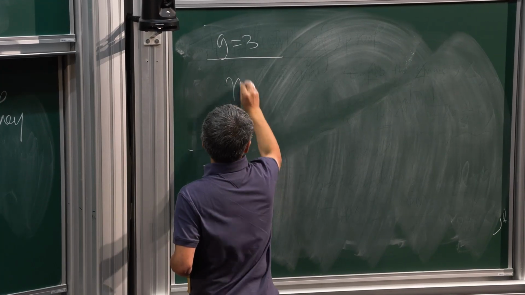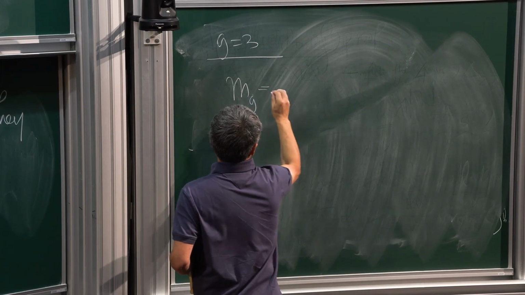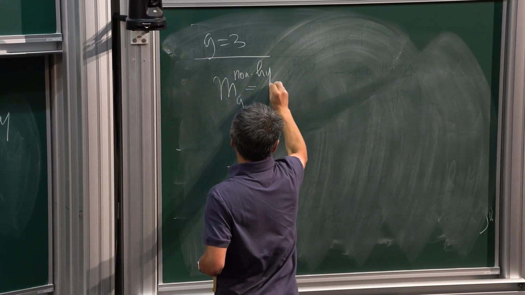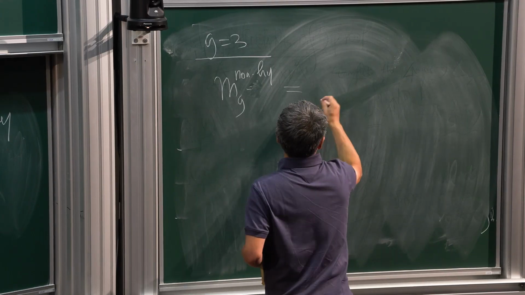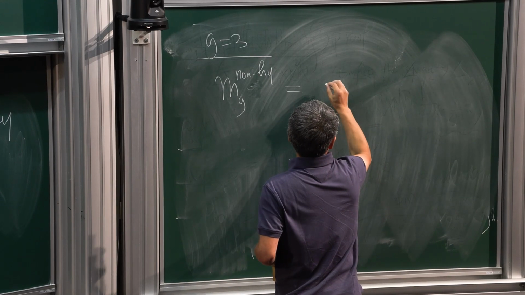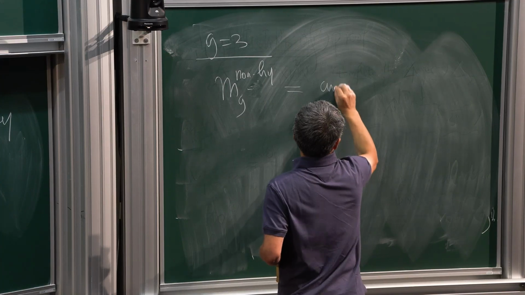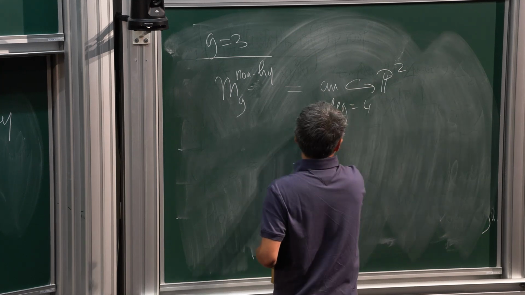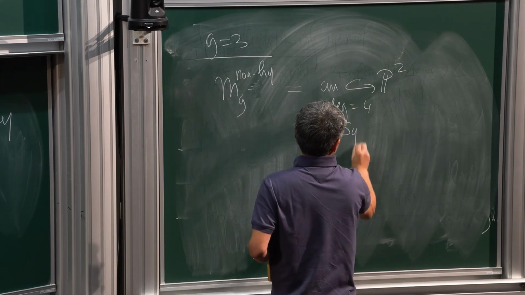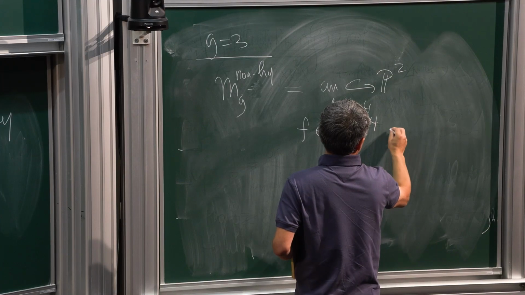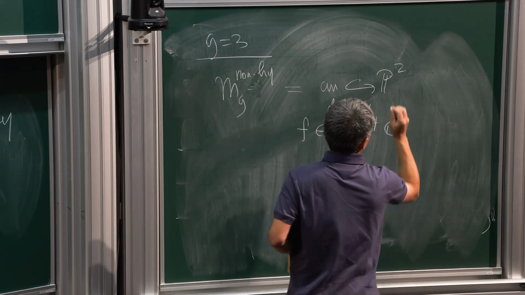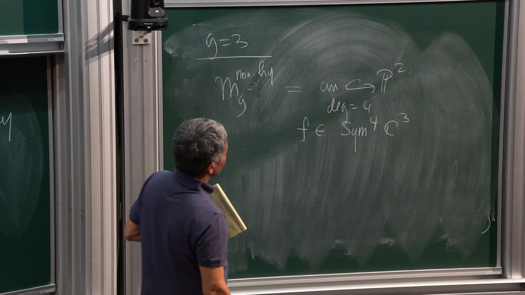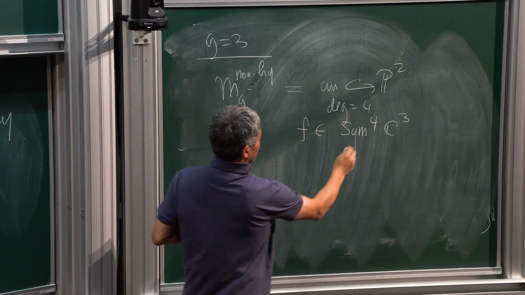So M_g, of course, is just the non-hyperelliptic curves. It's nothing but the quartic curves, the curves inside P2 of degree 4. So it's defined by one equation in three variables of degree 4, F equals 0.